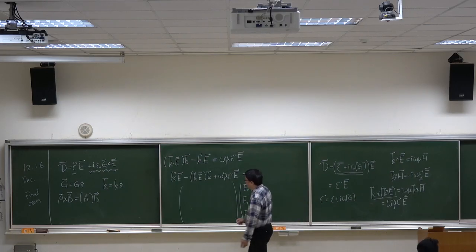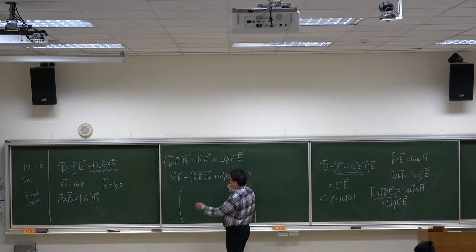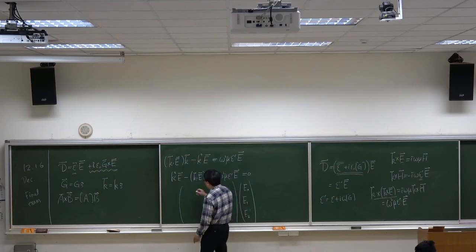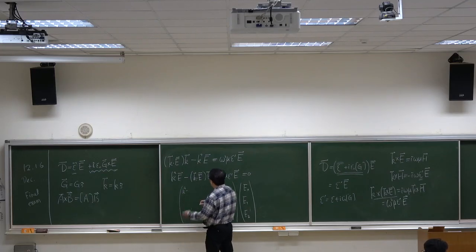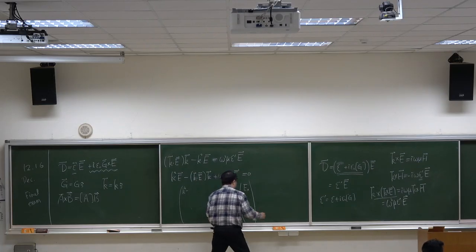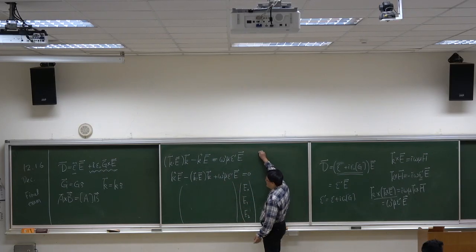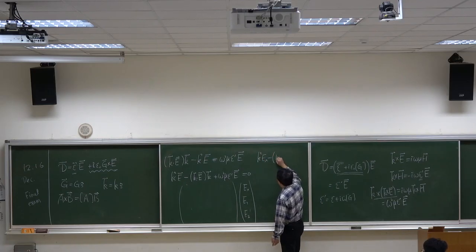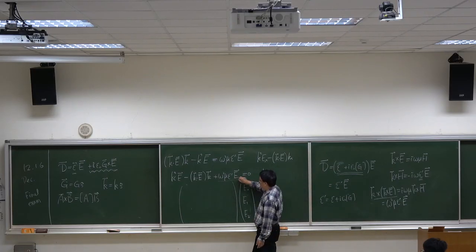Okay, here for the x component of this equation, for example, we have k squared Ex minus k dot E times kx, okay, plus the x component of this one.